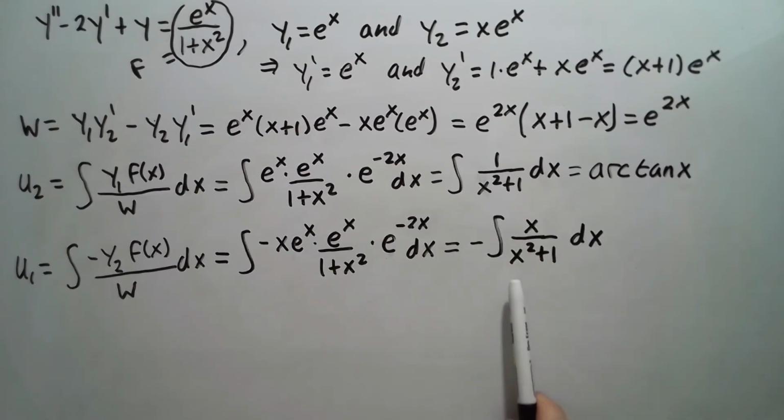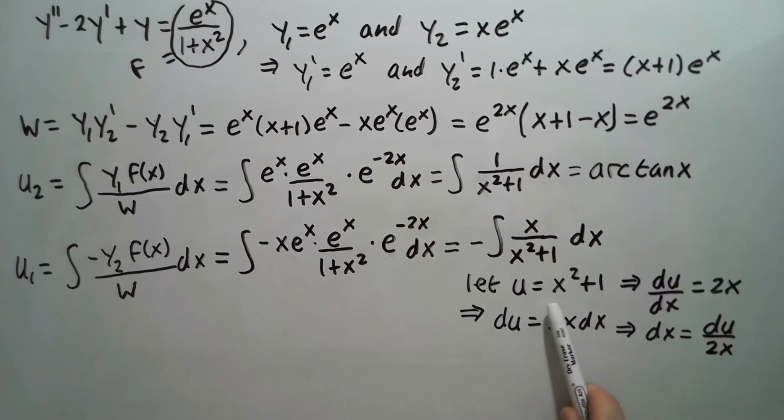In this one, we can actually use a u substitution. I'm going to let u equal x squared plus 1. So letting u equal x squared plus 1, then du dx would be 2x. Then multiplying both sides by dx, du would be 2x times dx. And then solving for dx, dividing by 2x, dx would be du over 2x.